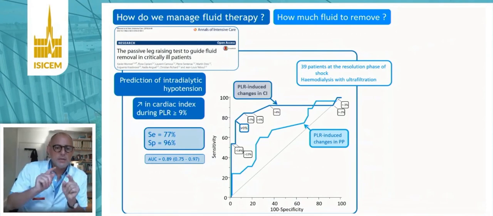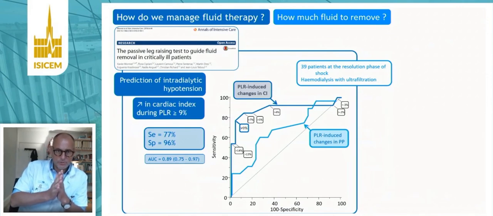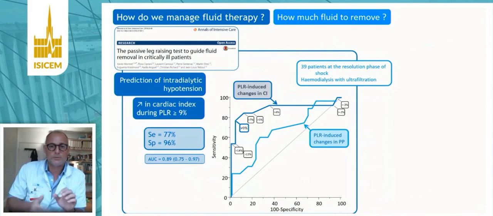I mean that if the passive leg raising test was negative before fluid removal, the probability of presenting hypotension was very low. So the idea is that if preload responsiveness is absent, you can safely start fluid removal, but refrain from doing that if preload responsiveness is present.